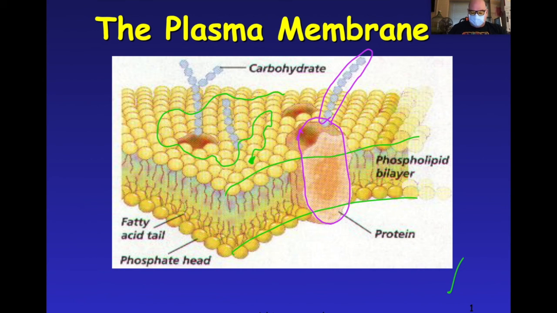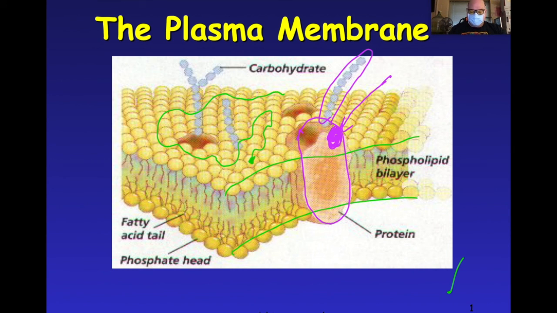When these guys are floating in the cell, there may be chemical signals that attach to these. So you may have some particle come in and attach to this. And that's like going to turn something in the cell on or off, okay? So when this comes in and attaches to that protein, it might send a signal to your cell to say, let sugar in, or let water out, or make this enzyme.